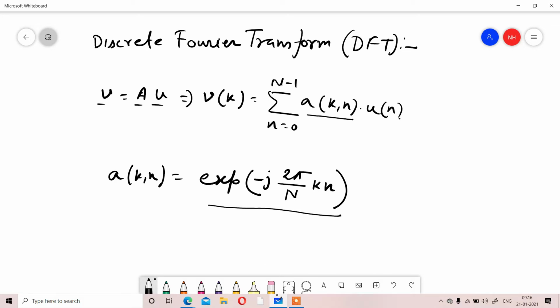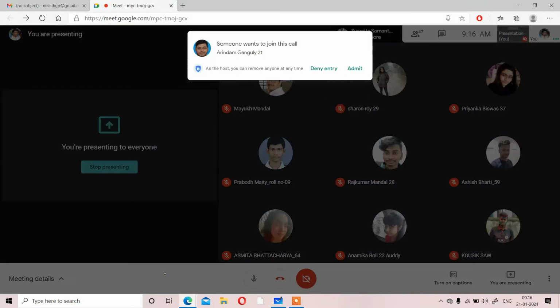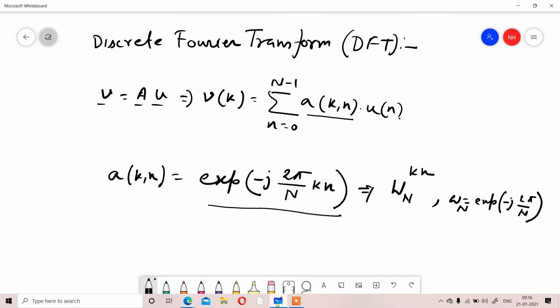Now that expression is also defined as the Twiddle factor format, that is W of N to the power K n, where W of N is defined as exponential minus j 2 pi by N. So if we write that expression by considering that, your expression becomes V K equal to summation n equal to 0 to n minus 1 U n W N to the power K n.